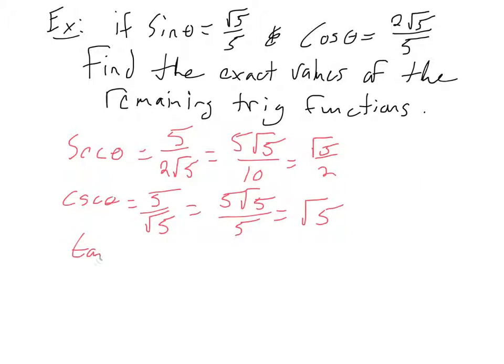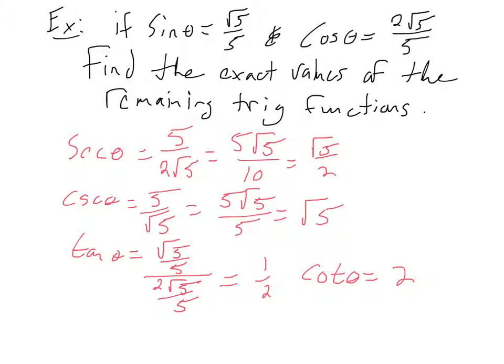Tangent theta is going to be, using the quotient identity, square root of 5 over 5 over 2 square root of 5 over 5. And so when I multiply by the reciprocal of 2 square root of 5 over 5, the 5's cancel, the square root of 5's cancel, I'm just left with 1/2. And that, of course, means that cotangent theta, which is the reciprocal of tan, is just going to be 2. It's pretty easy to figure out the other trig functions if I have sine and cosine.